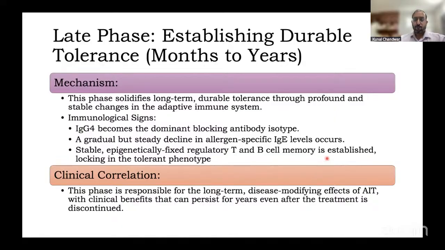Your FOXP3 becomes hypomethylated, your GATA2 becomes hypermethylated, and this phase is responsible for the long-term disease-modifying effects of AIT, with clinical benefits that can persist for years even after the treatment is discontinued. Your memory B cells and plasma cells also now become IgG4 producing.